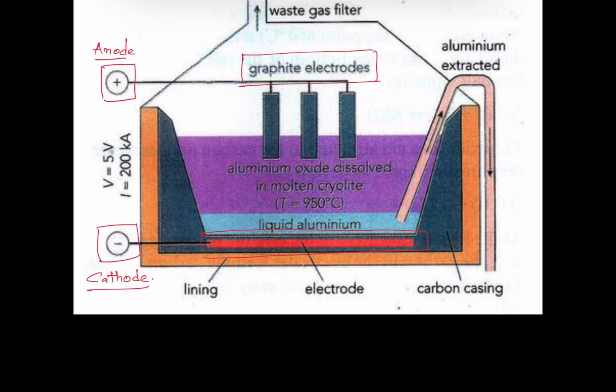Okay, now in this vessel, I'm adding two different things. Let me just put down another color for you. Okay, so in this we are adding two different things. The first one is aluminium oxide and the second one is cryolite.